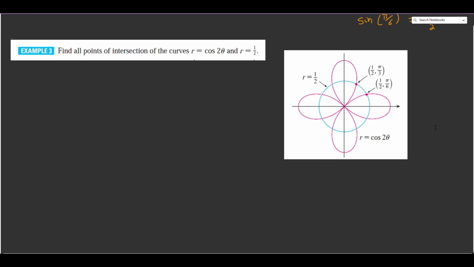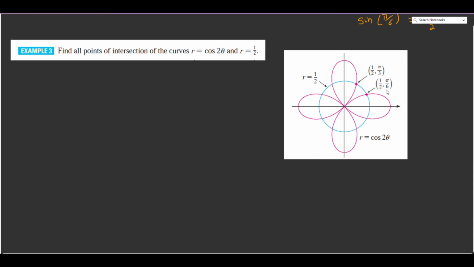So if you look at this figure, how many points of intersection do we have? In the first quadrant, there are 2 points of intersection. One is (1/2, pi/3), and the other one is (1/2, pi/6).